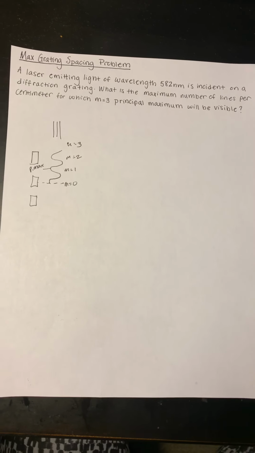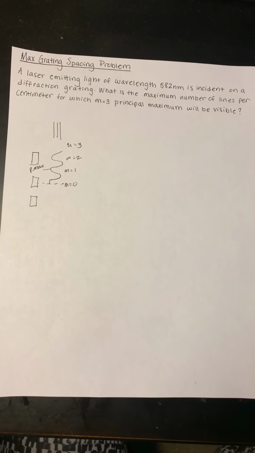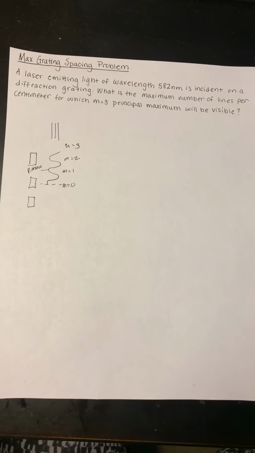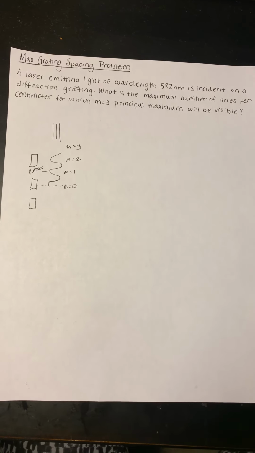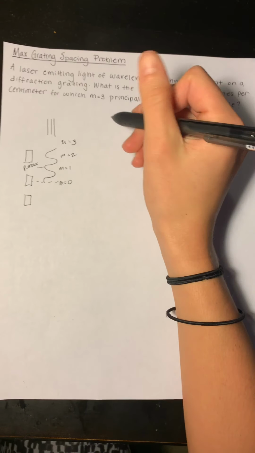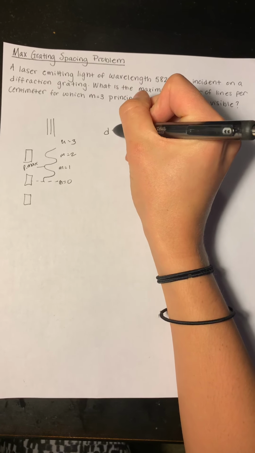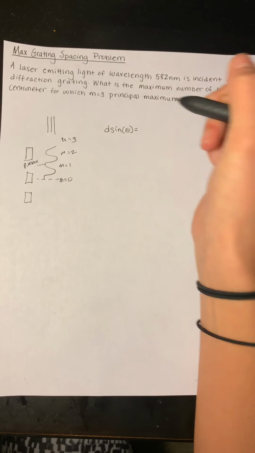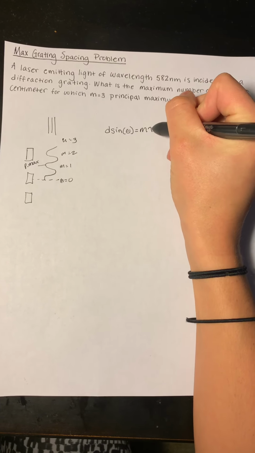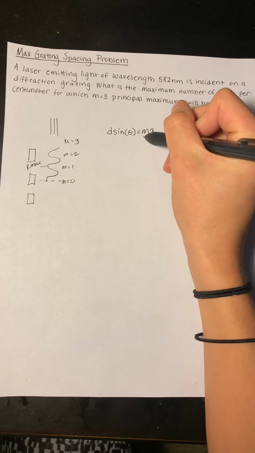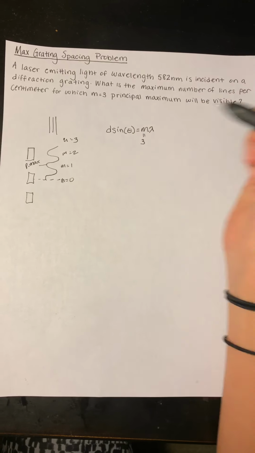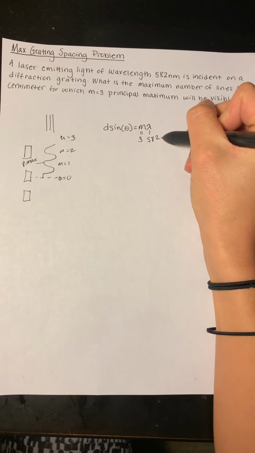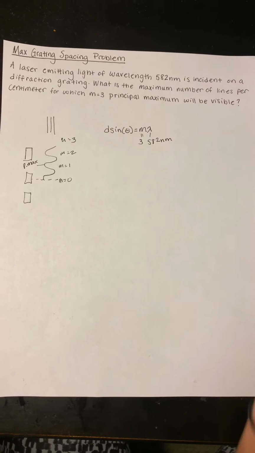So when going about this problem, we need the grating formula, which is d sine theta equals m wavelength. We already know our wavelength, which is 582 nanometers.